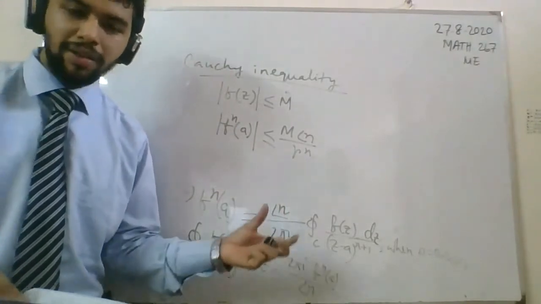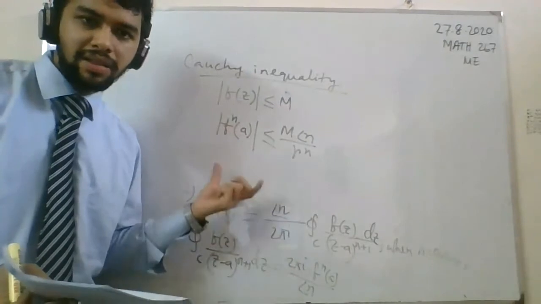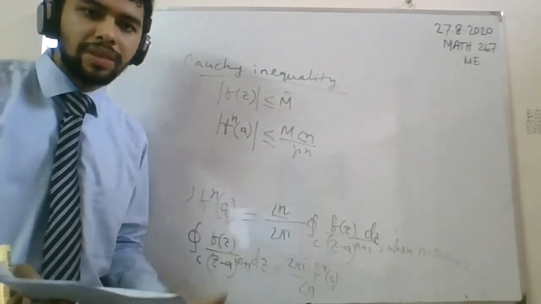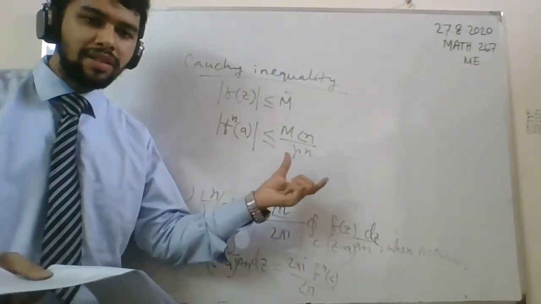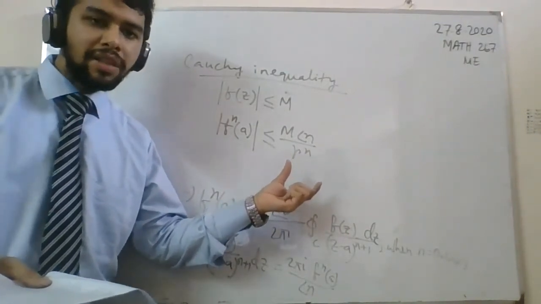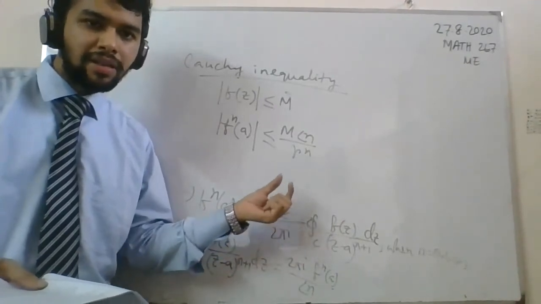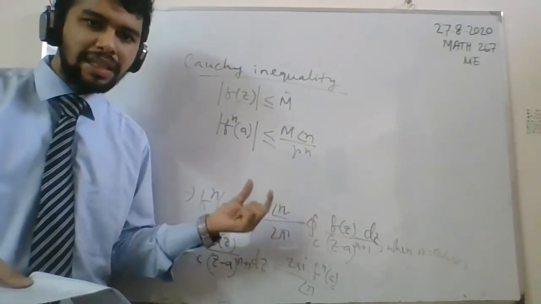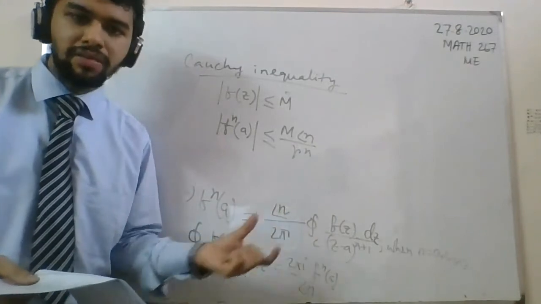If you have understood the first derivative, then Liouville's theorem will be very easy. For Liouville's theorem, we let the neighboring point a plus h be b, and then you have to show f(b) equals f(a).